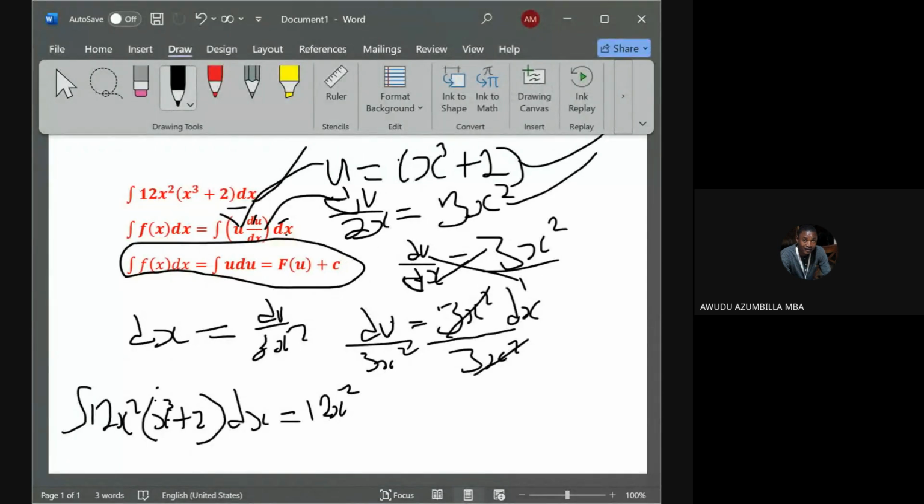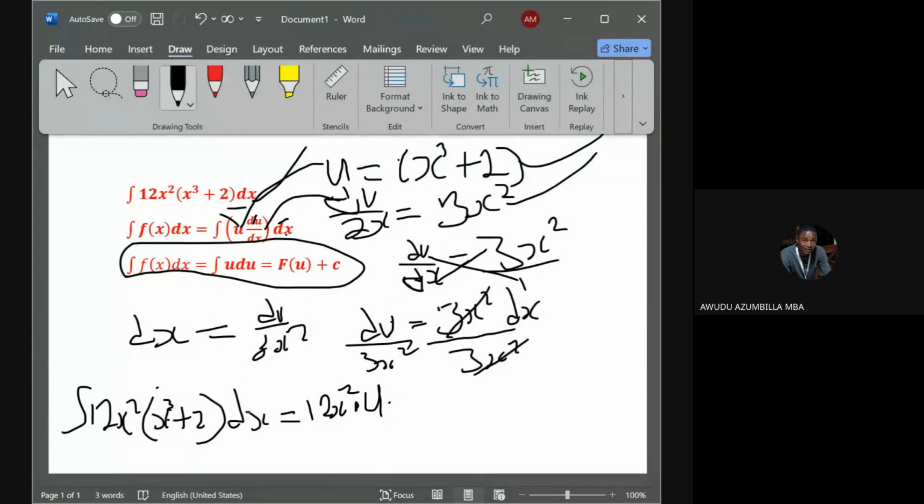What is x cube plus 2? I said let u is equal to x cube plus 2. So here I'm going to substitute the u there. So I'm going to have my u. Now I'm going to substitute my dx.